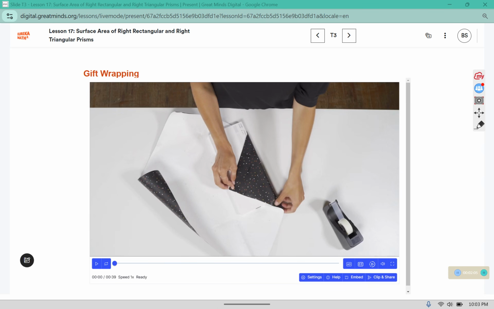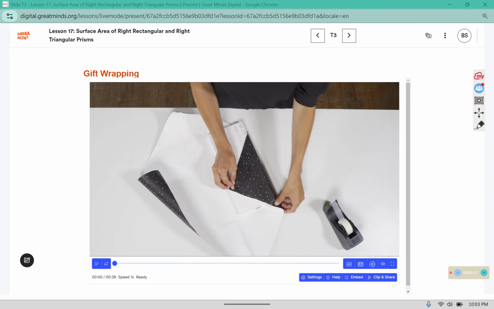If so, what would this look like? Well, it is possible. It might be a challenge, but the wrapping paper would just barely touch, and there would be no overlapping.